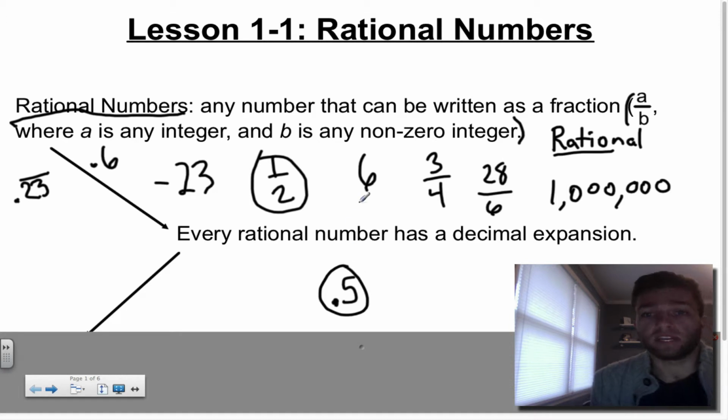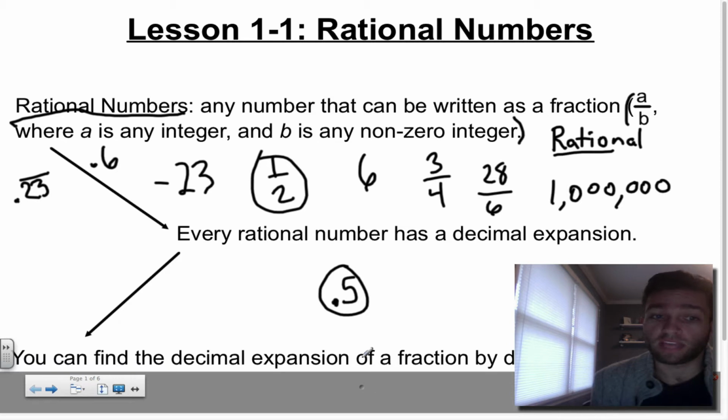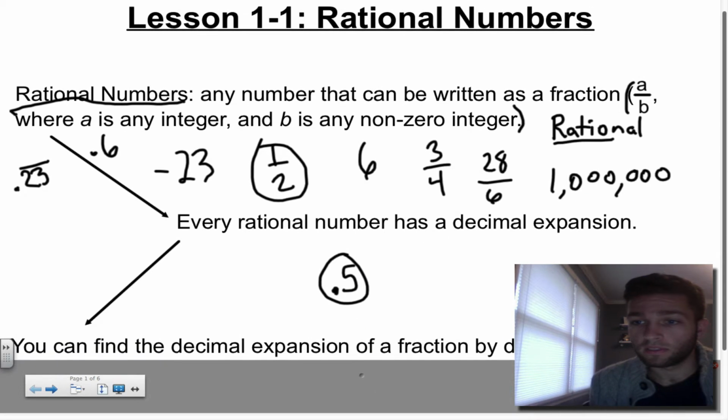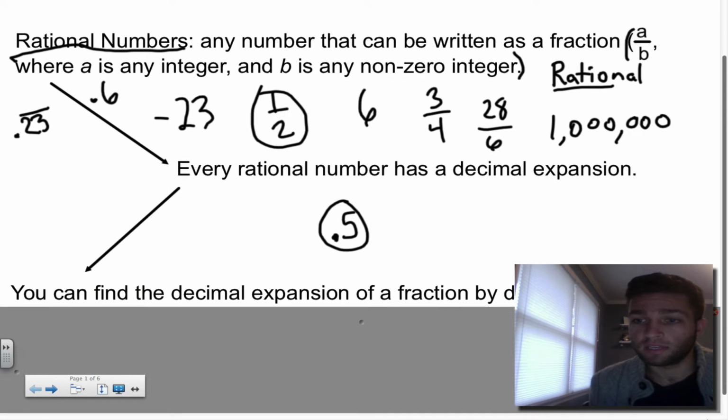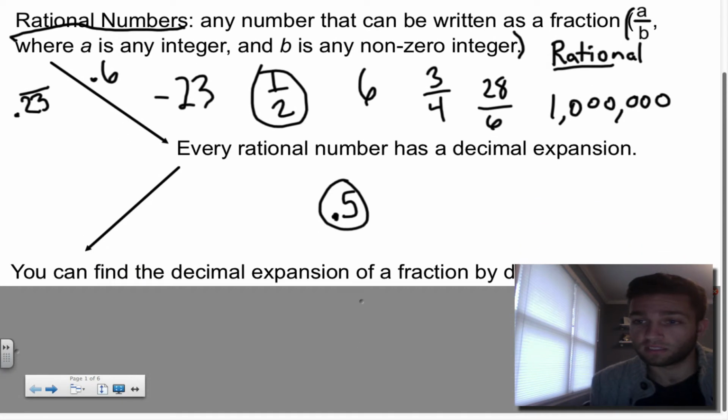So if you can write it as a fraction, it's a rational number, and that means you can also write it as a decimal. Some of us kind of struggle or forget how to find the decimal expansion of a number, and it's simple. All you're doing is a little division.